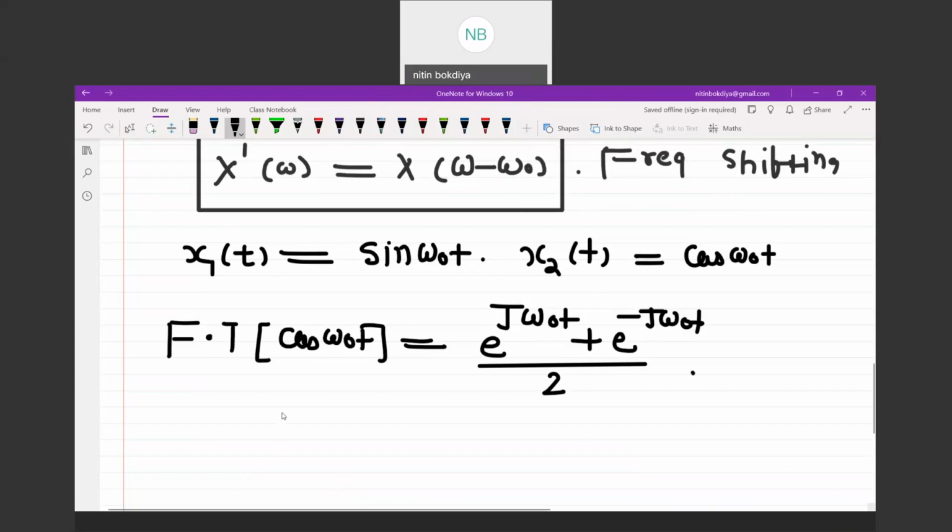Now we know that the Fourier transform of 1 is 2 pi, or we can say we will use this property. And what does this property say?